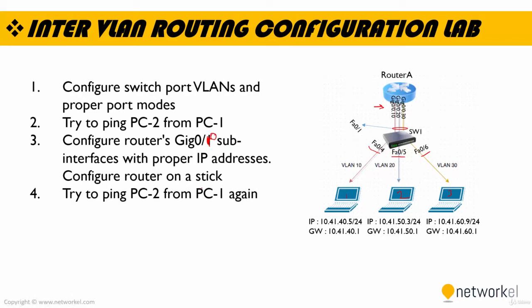And let's go. First, I'm gonna make the configuration of the switch. I will create VLAN 10, 20 and 30, and I'm gonna attach Fast 0/4 to 10, 0/5 to 20 and 0/6 to 30, and these will be switch port mode access.